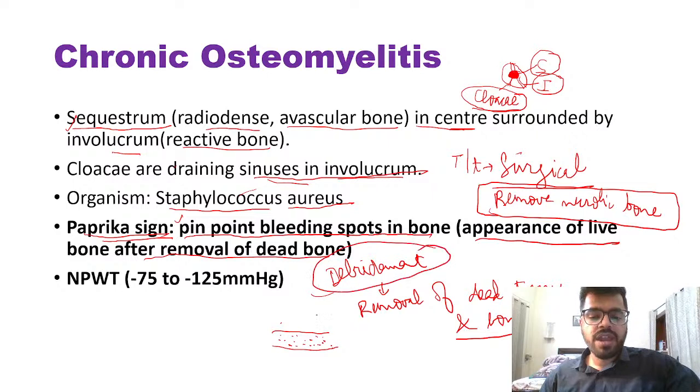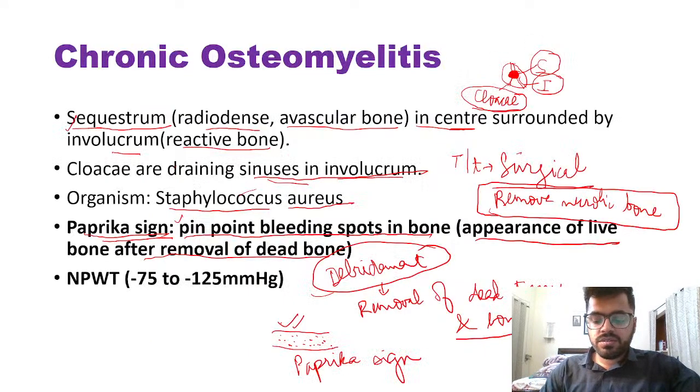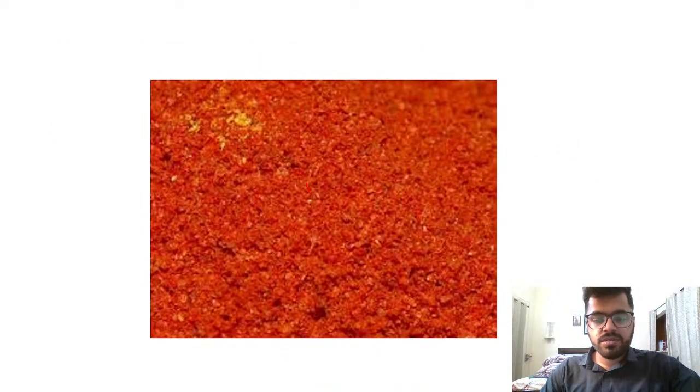We have to debride till there is punctate bleeding, till there is the paprika sign. It is very important. So what is paprika? Paprika is basically lal mirch, red chili. So when you debride, your bone has to look red, with punctate bleeding spots just like in red chili.